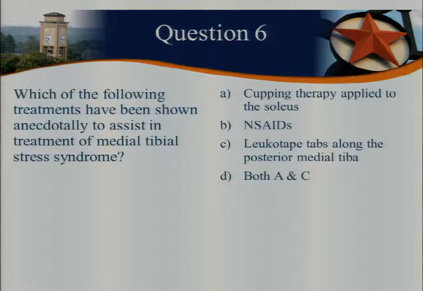NSAIDs, well, the only thing we really talked about with inflammation was that the periosteum isn't inflamed. And then leukotape tabs along the posterior medial tibia to provide that compression that we talked about. And as we went through those slides, we actually ended up talking about both A and C as methods that we used anecdotally to decrease our return to run time and return to activity time for our patient population.